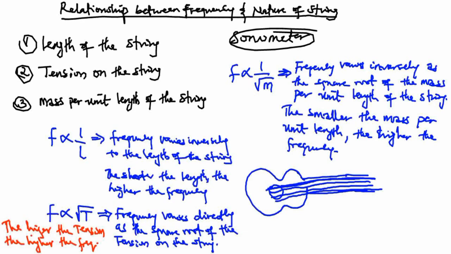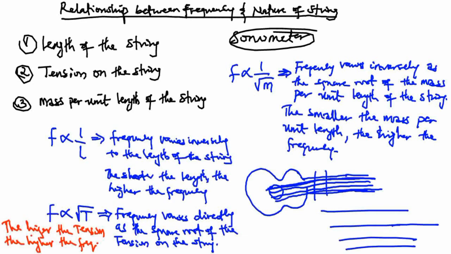Now, a guitar usually has what is called a fret. So we have these, these are my strings, and usually we have what we call a fret that demarcates that.